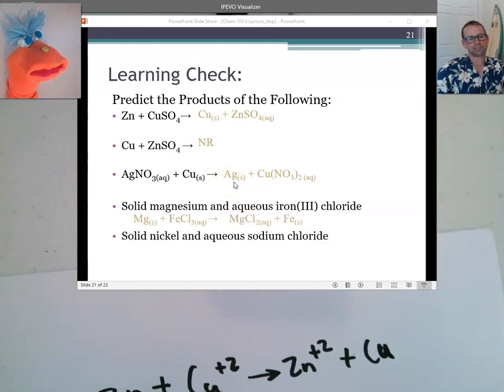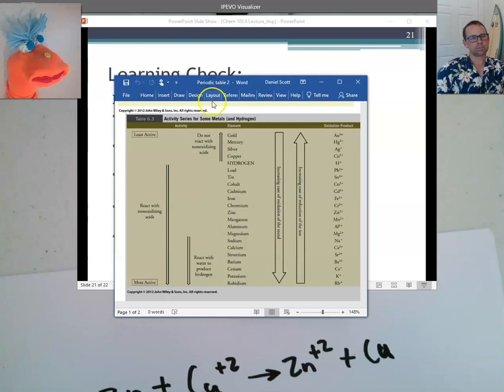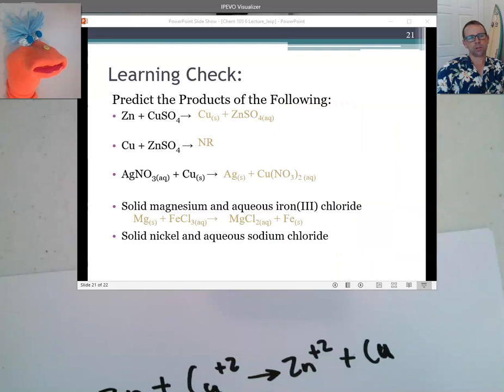Excellent job. How about nickel, solid nickel, and aqueous sodium chloride? Can I see the chart? Sure. Sodium, I see sodium, but I don't see nickel. Okay. So, is there any way we can solve it?